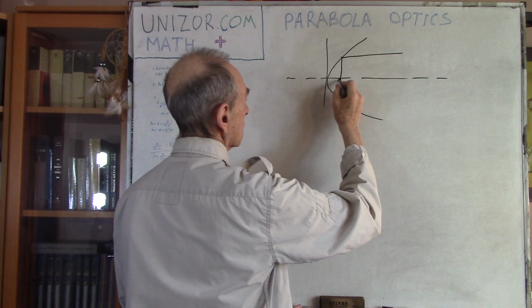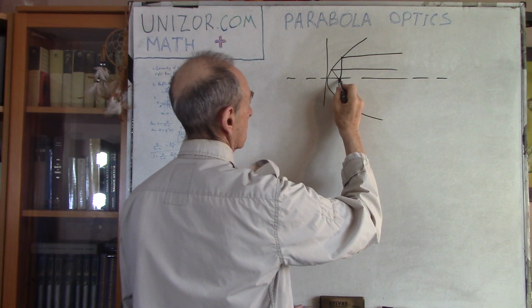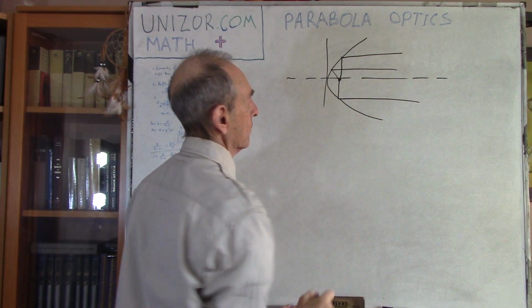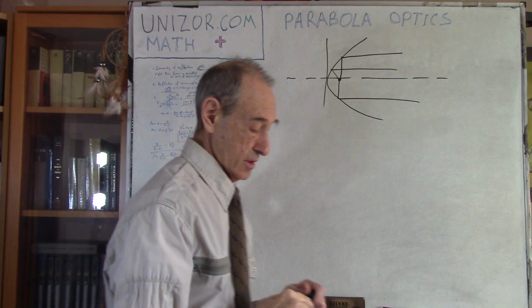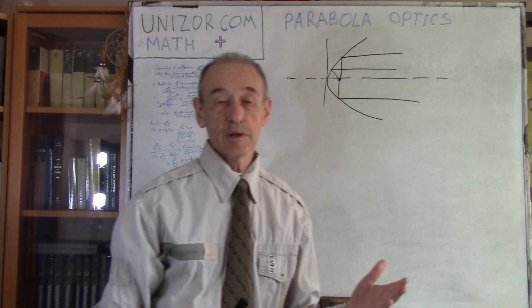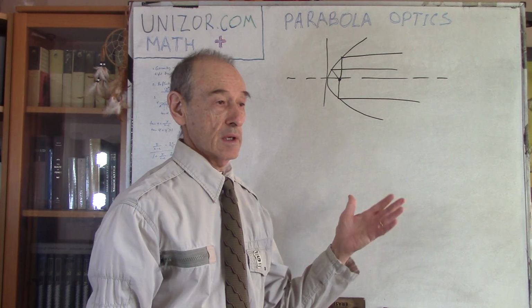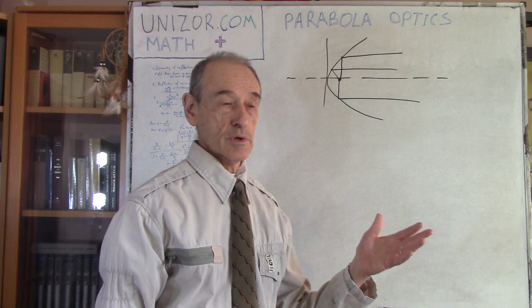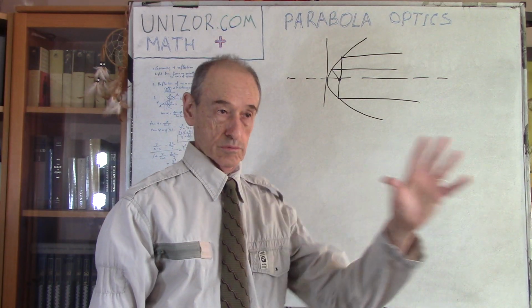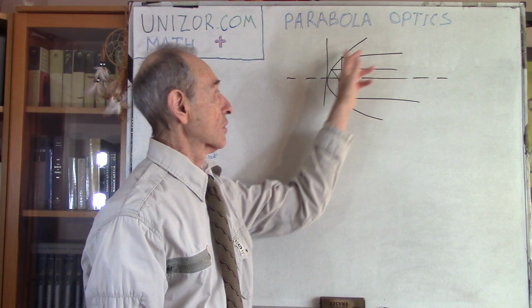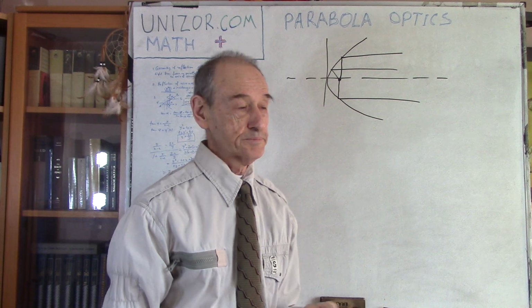So all the rays will go parallel. That's actually the reason why, if you have some kind of a mirror which is supposed to reflect the light far away, the mirror is always parabolic.